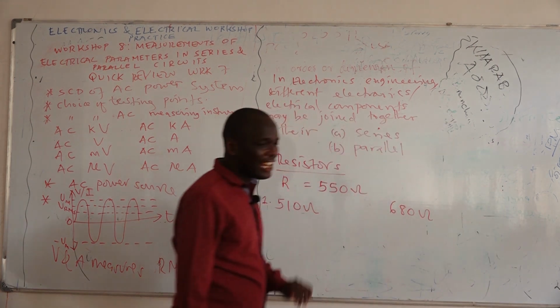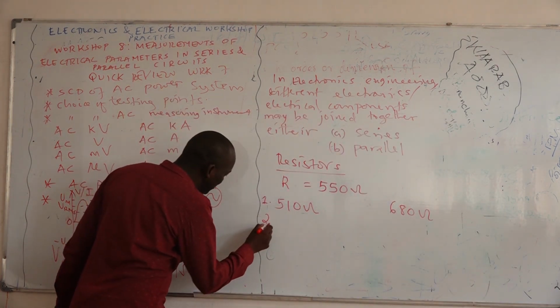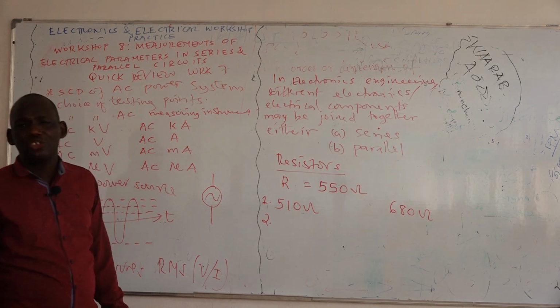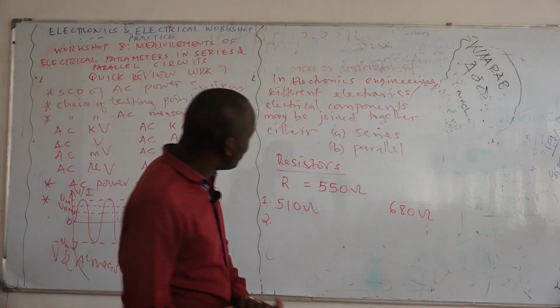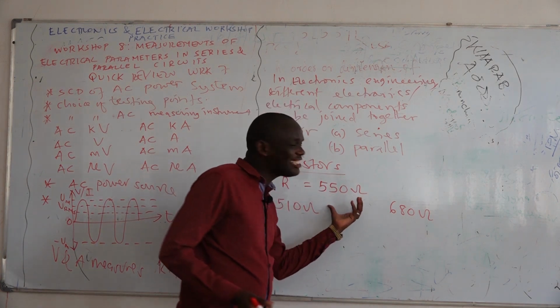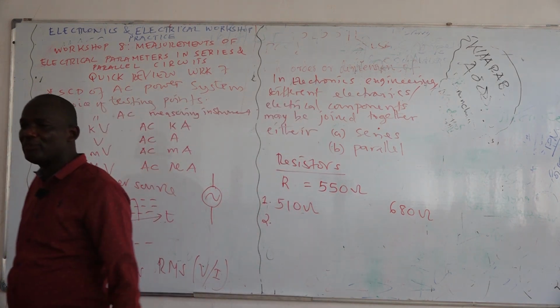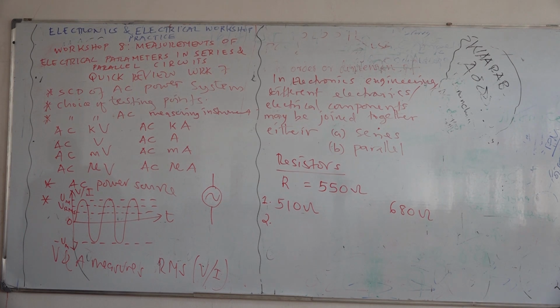So the simple alternative, or the second method, is to think about connecting standard resistors, whose values should be less than 550 ohm, and try to join them in series, parallel, or series-parallel. Are we together?